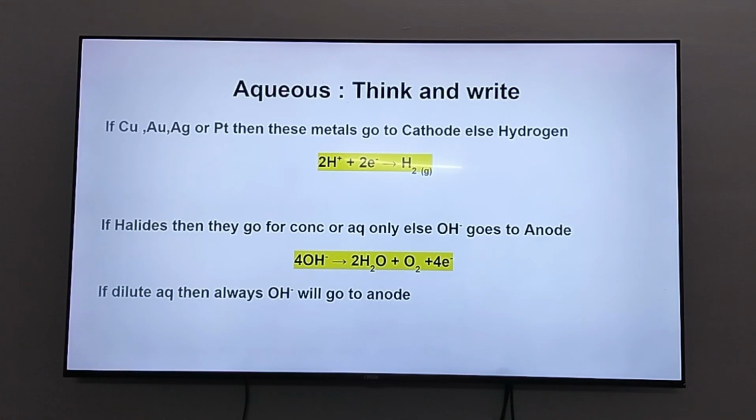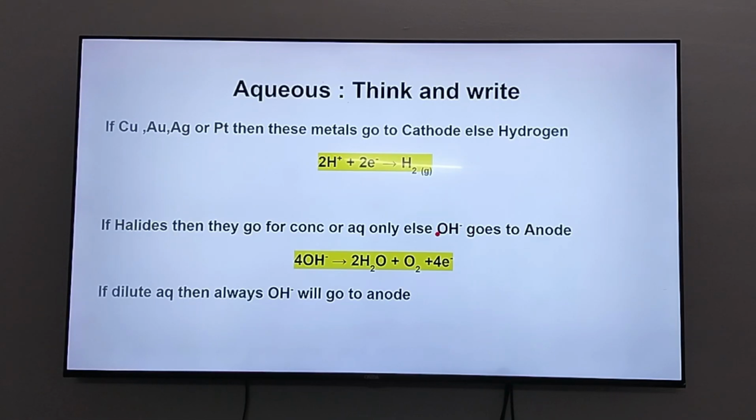So, when electrolysis takes place, the compound ionizes and water also ionizes. Water forms a hydrogen ion and a hydroxide ion. So, this hydrogen comes from the hydrogen ion of water.